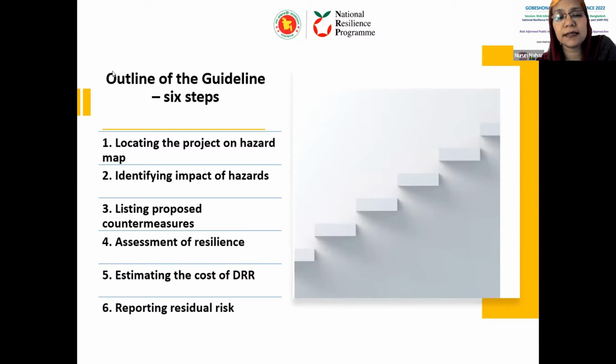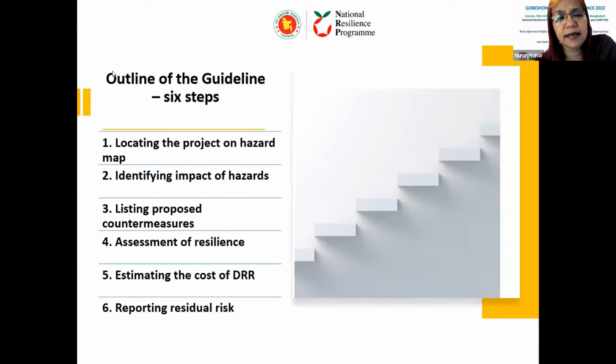So there will be a list of countermeasures that the organization may need to identify to mitigate the hazard, and assess how the countermeasure will be developed, what will be the cost, whether it is doable, and whether it will be sustainable. So it's a very big point in the 6 steps assessment of the resilience.